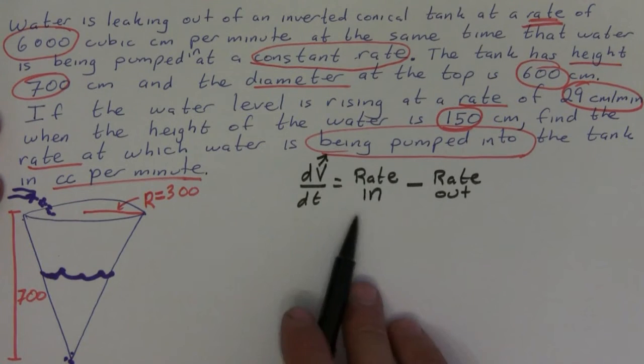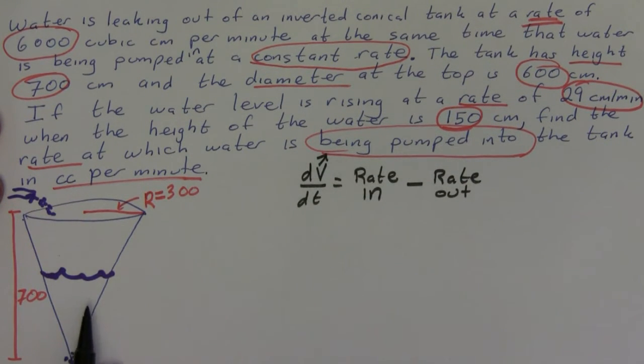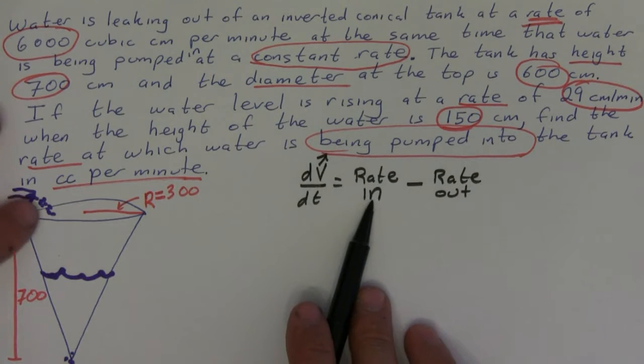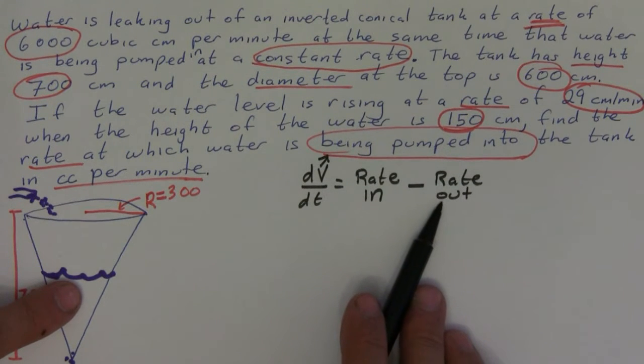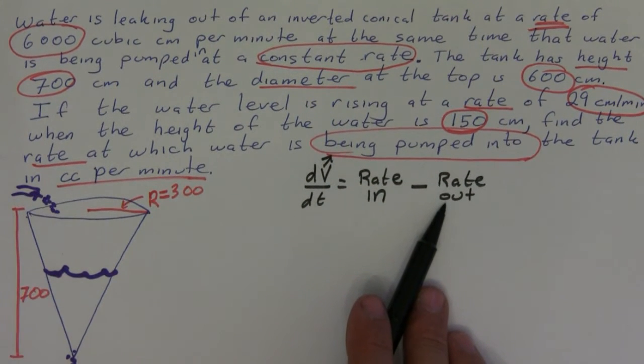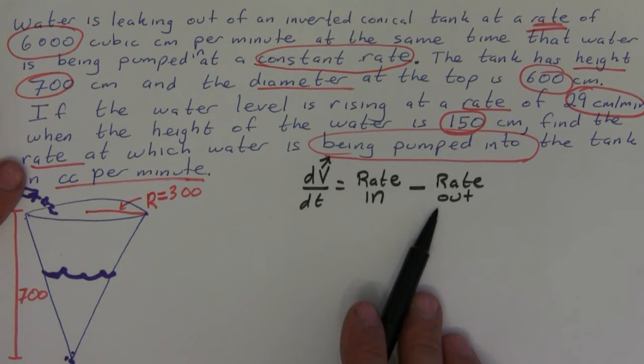And this makes sense, right? Because the volume of water is changing. The rate at which it goes in is going to be positive because it increases the volume. But then the water is also leaking out, so you have to subtract that water out.